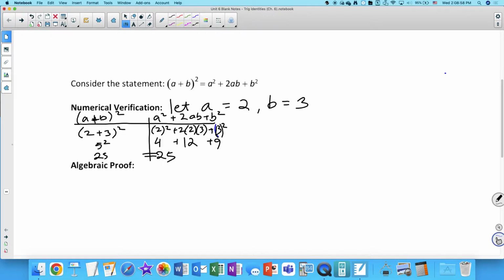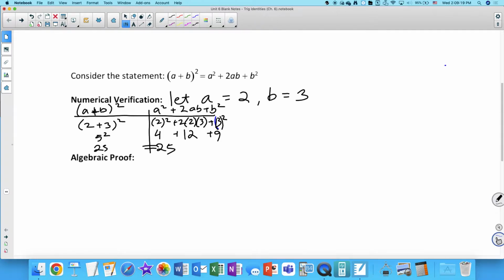We have shown that this identity is true for the specific values a = 2 and b = 3. This is not a complete proof, though. It's just a numerical justification, a numerical support. To prove that this, in fact, is an identity, we need to show algebraically that the left side is equal to the right side.